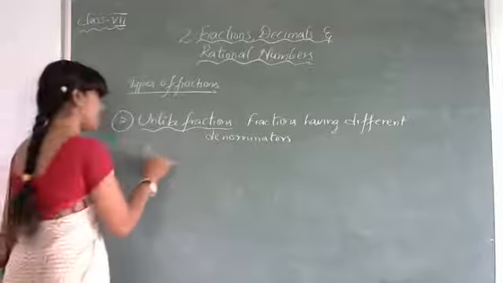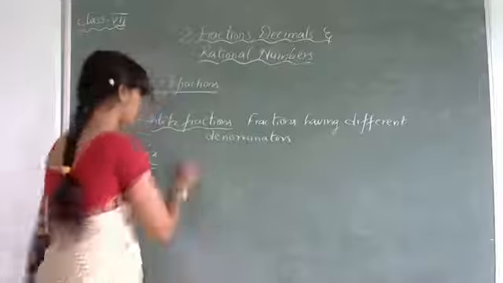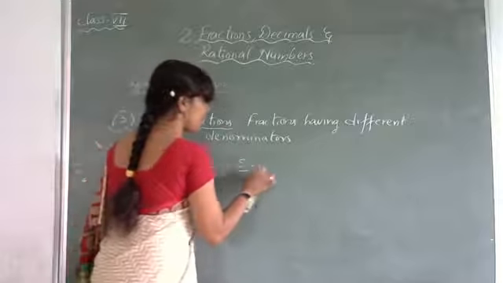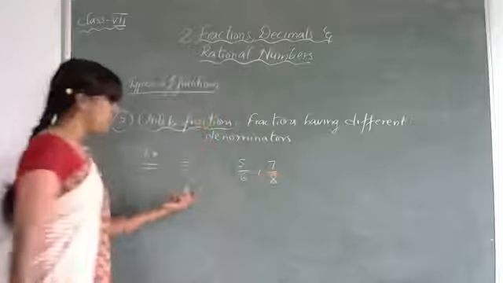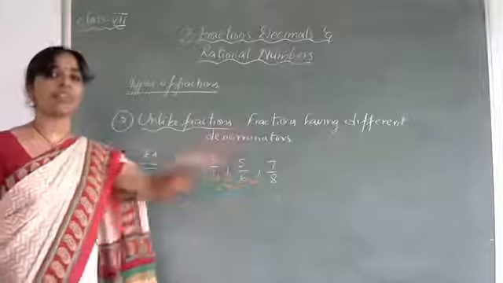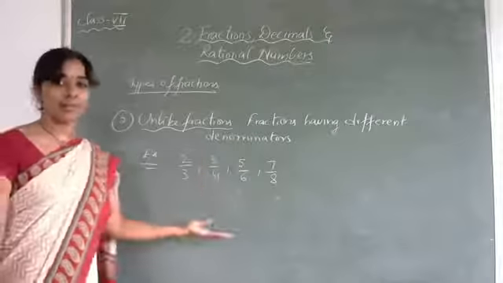So fractions which have different denominators, like 2 by 3, 3 by 4, 5 by 6. See, in this, no two fractions have the same denominator. All fractions have different denominators. So such fractions are called unlike fractions.